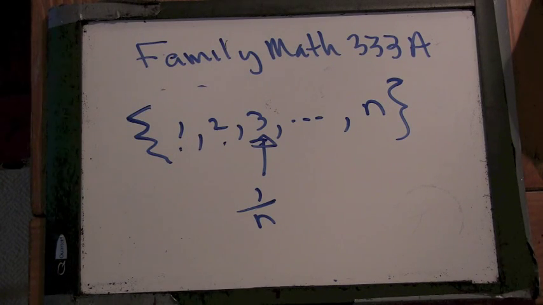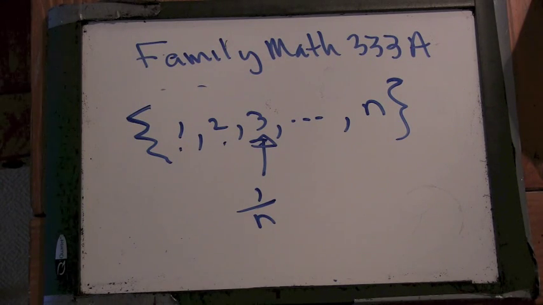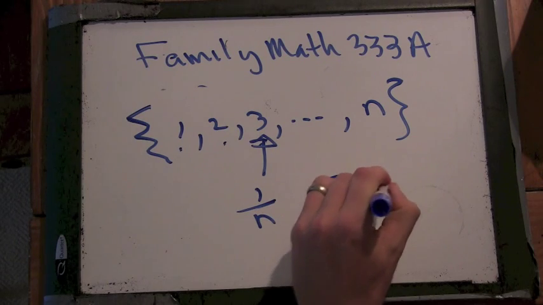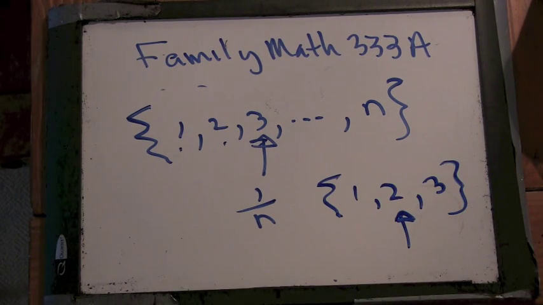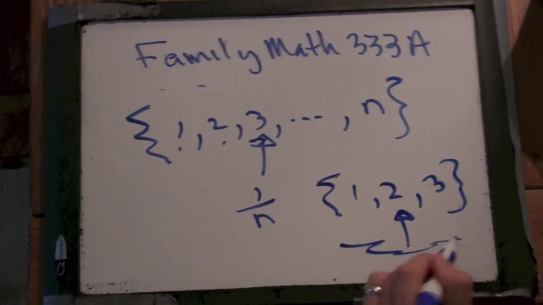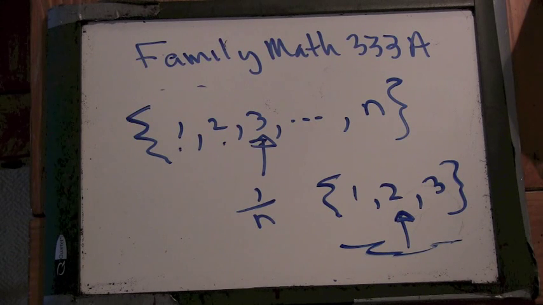For example, if the set was just 1, 2, 3, there's only one even number and two odds. That difference is important when I have 1, 2, and 3, but as I get bigger and bigger, what happens to that distinction? It gets smaller and smaller, closer and closer to a half and a half.